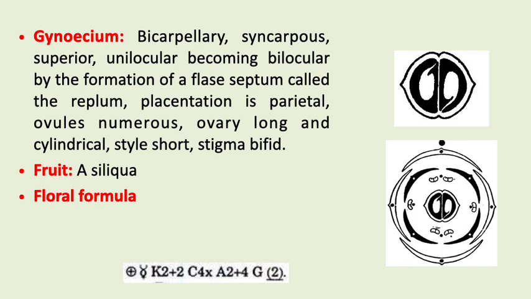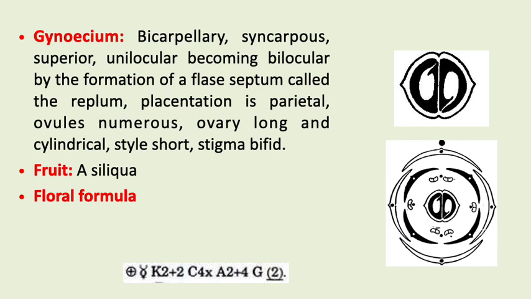The floral formula of this plant is: first symbol represents actinomorphic, second bisexual. K2+2 shows that they are arranged crosswise, in 2+2 whorls.